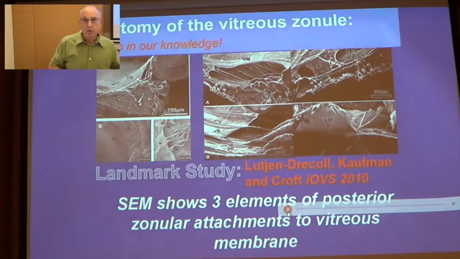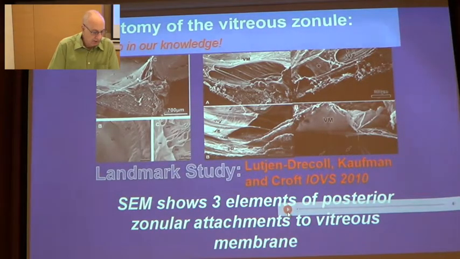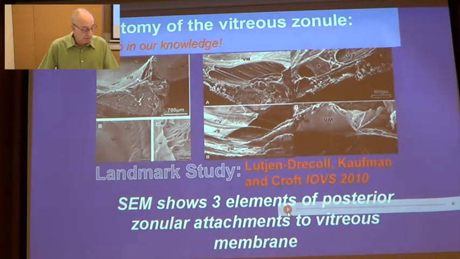Their landmark 2010 study showed the three elements of vitreous zonule and provided the breakthrough which is critical to our present understanding. Their preparation of the specimens preserved the vitreous membrane and the elements of the vitreous zonule, which had been stripped away for prior scanning electron microscopy.